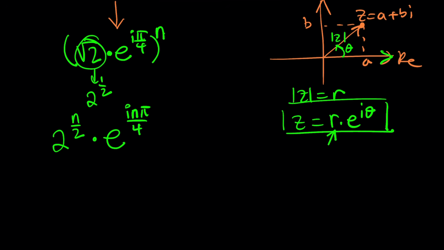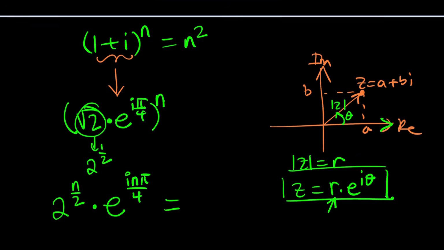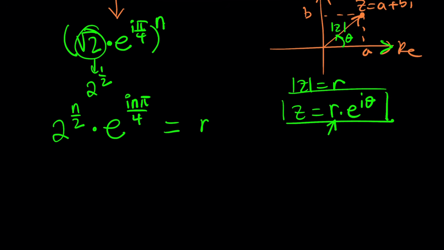And then, of course, this needs to equal n², right? Great. Now, if n is an integer, the solution should be fairly easy, don't you think? But here's what we need to do. How do you compare a real number with a complex number? First of all, the right-hand side is a positive real number, so the left-hand side also needs to be a positive real number.